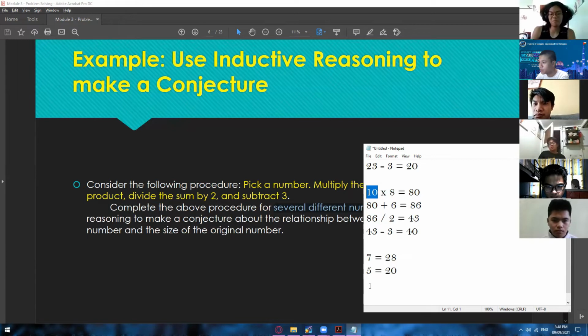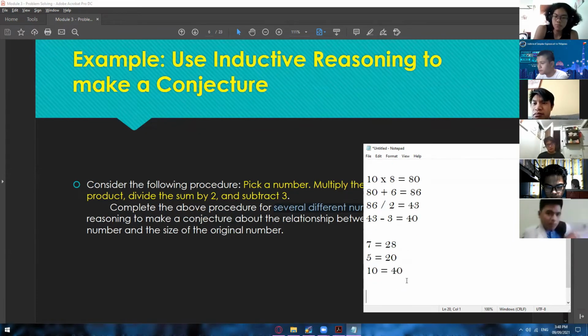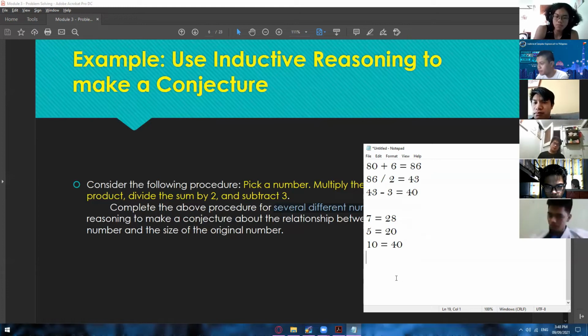And for the last one, if we have 10, this gives us a result of 40. Now, a real quick question: what if my number is 9? 36. Okay, that would be 36.